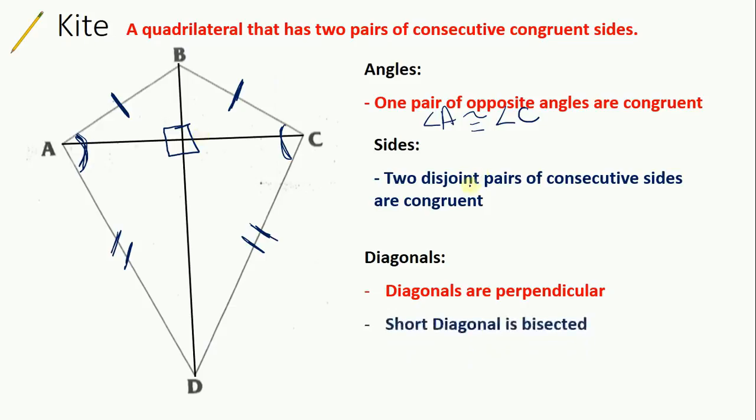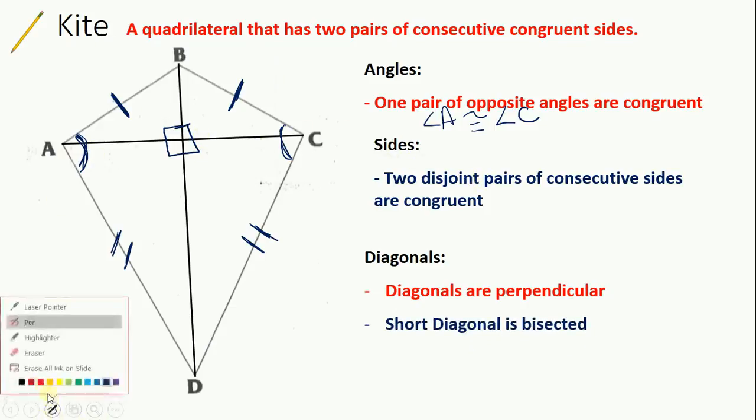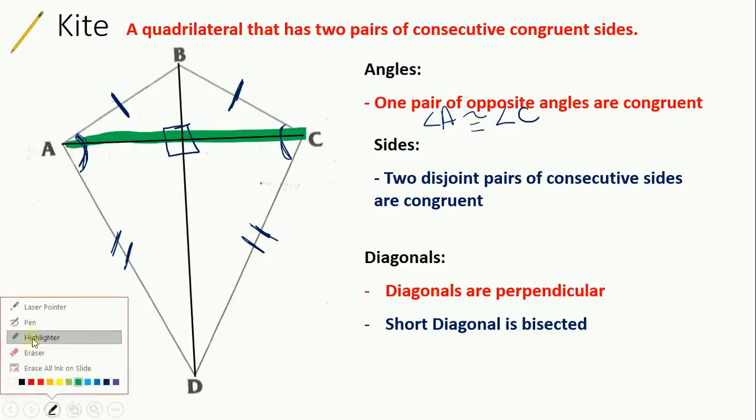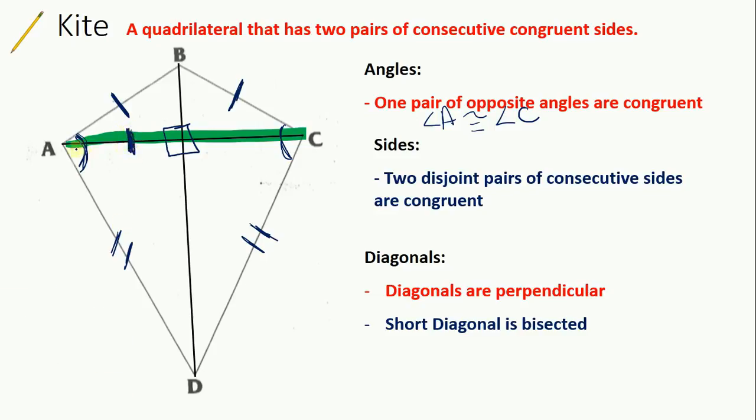Short diagonal is bisected, so this piece right here, if I take my highlighter here, is bisected, which tells me that this side A to this middle point is the same as C to that middle point. And then non-congruent angles are bisected, which tells me that this angle and this angle are congruent to one another. And then same thing down here. Those guys are bisected as well.